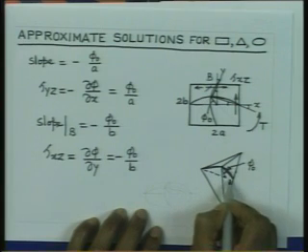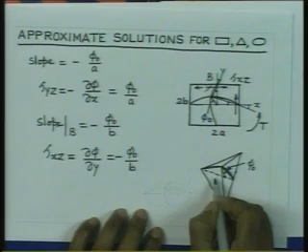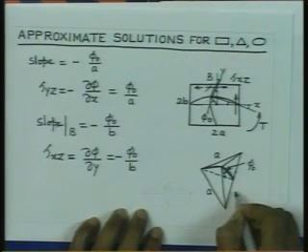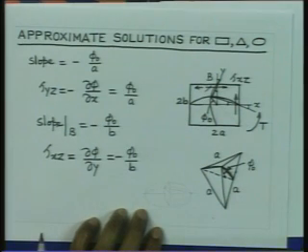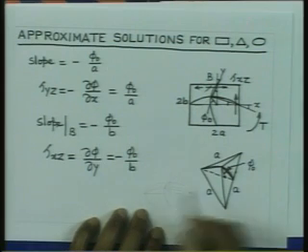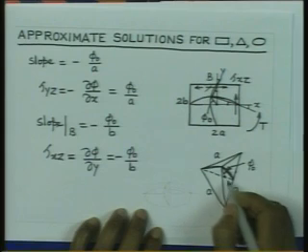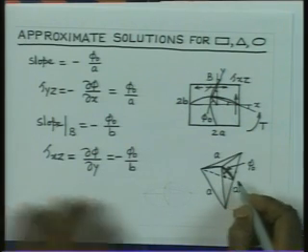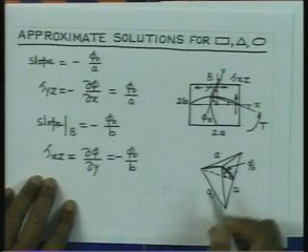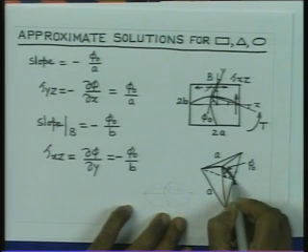Now if you consider the height of the triangle, the sides are, let us say, A. So, this is root 3 by 2 A, and this distance you can calculate, it is going to be 1/3 of that, and the slope here is going to be easily available by considering this distance divided by this distance.